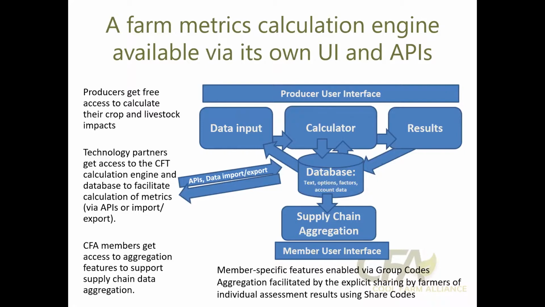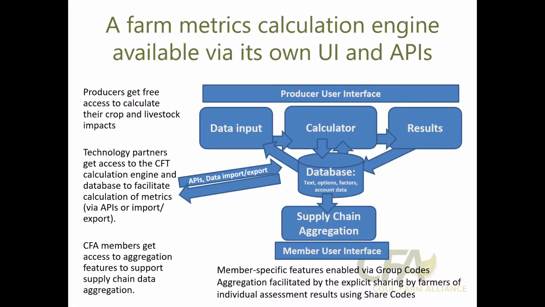There's a second interface for members of the Cool Farm Alliance, which allows them to look across farms and assessments and do data aggregation. There's a mechanism for enabling Alliance member-specific features by what we call group codes.